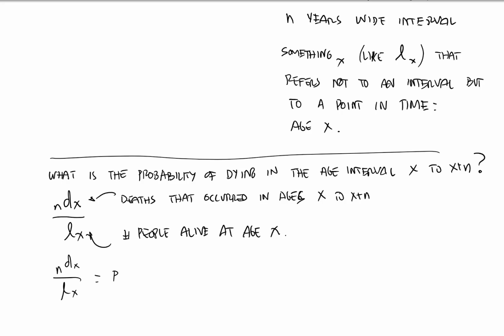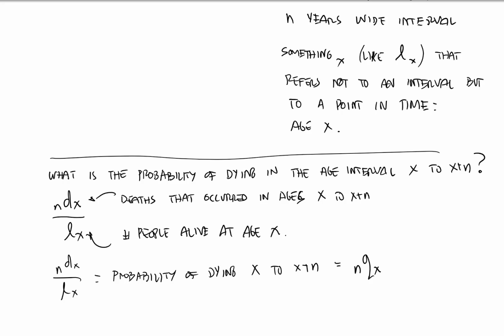This is called the probability of dying in age group x to x plus n, and we call that n q x.